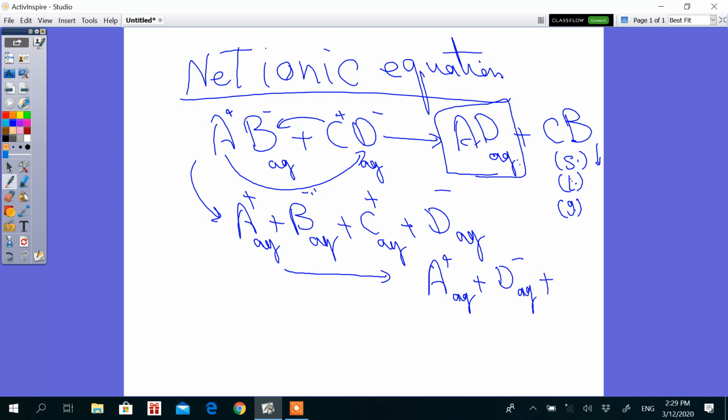Plus, if I have CB as a solid, it is a precipitate, so I must write it CB like that. It is not aqueous, so it is not dissolved and it cannot dissociate. So A plus B plus C plus D with their charges produce A plus D plus the CB compound.